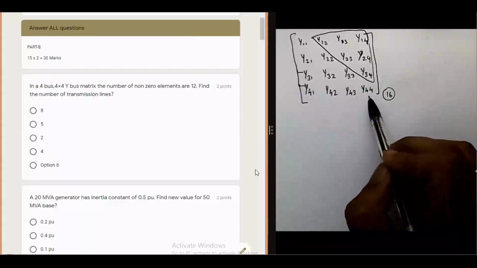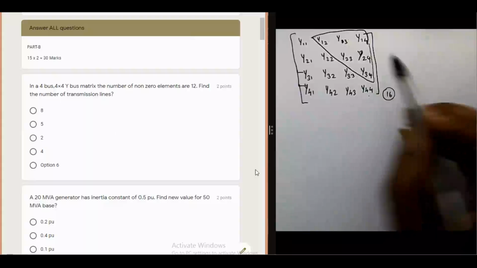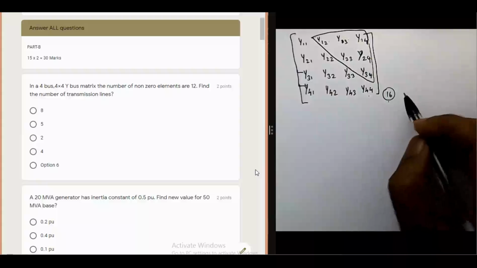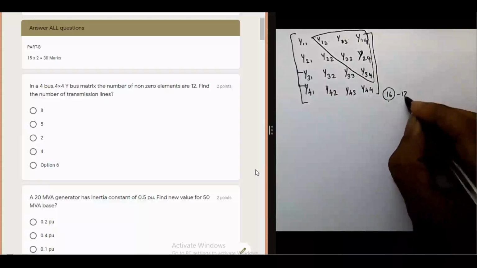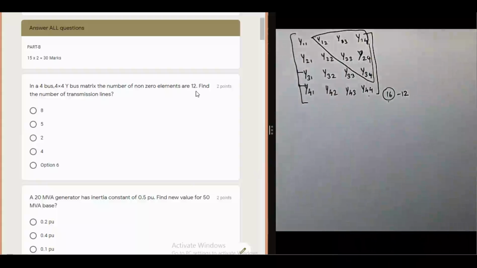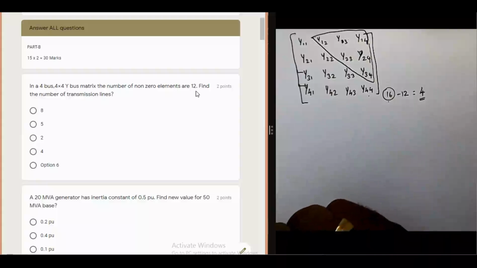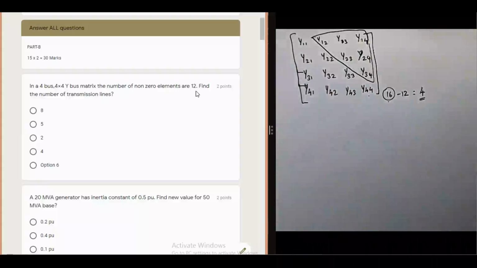Here just consider the 4x4 Y bus matrix, it consists of 16 elements. Here the non-zero elements are 12, so the zero elements are 16 minus 12, that is 4. Just mark the zero elements in this matrix.